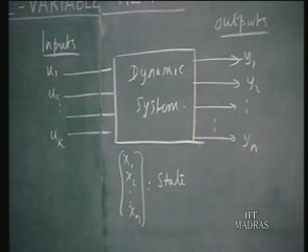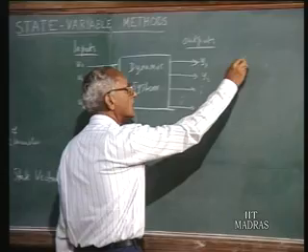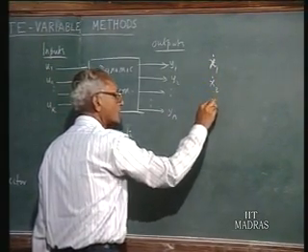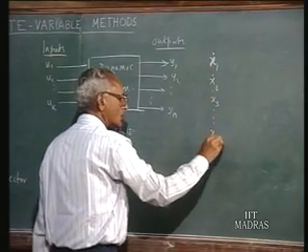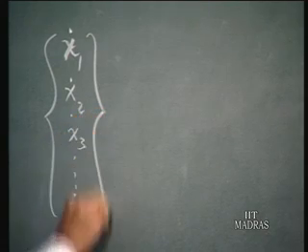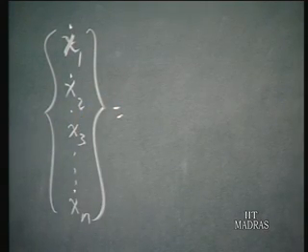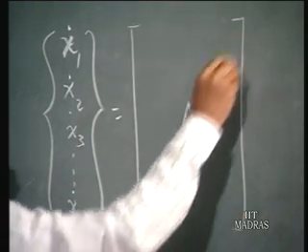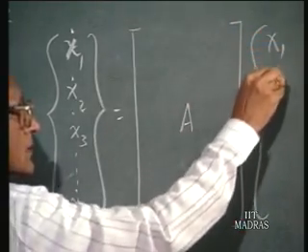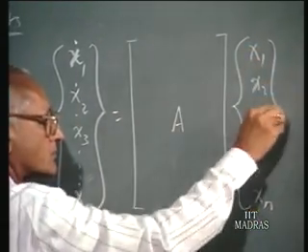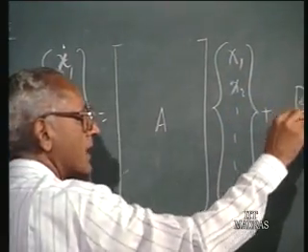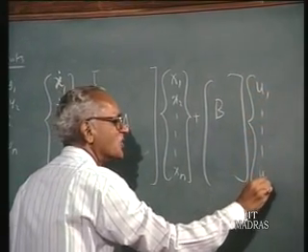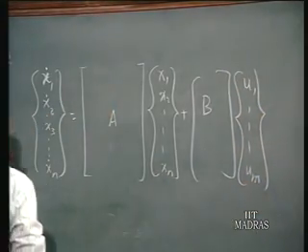We do this by setting up an equation of this type: x1 dot, x2 dot, x3 dot, that means the various derivatives of the state variables, equal to a matrix A multiplying x1 to xn, plus another matrix B multiplying U1 to UK.